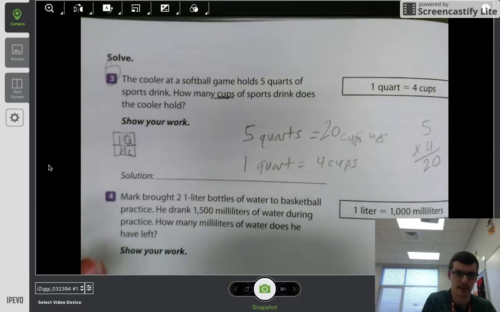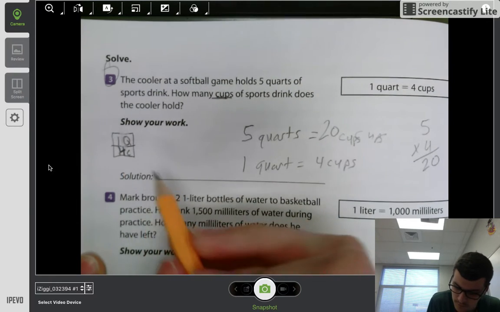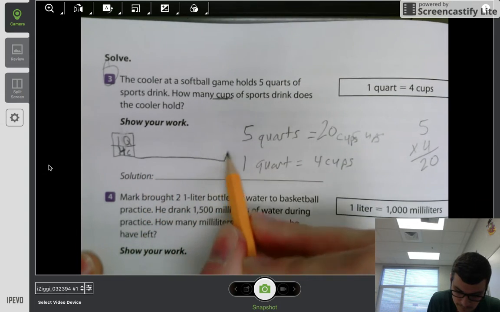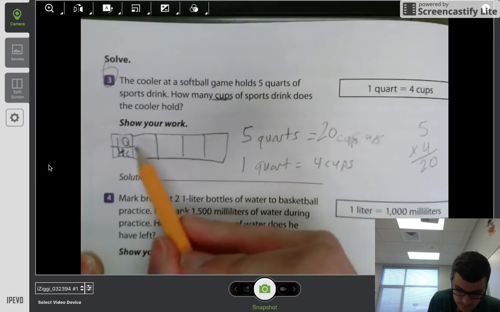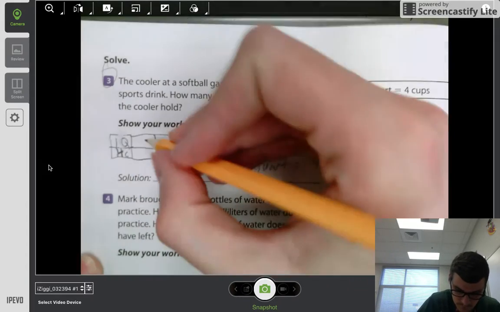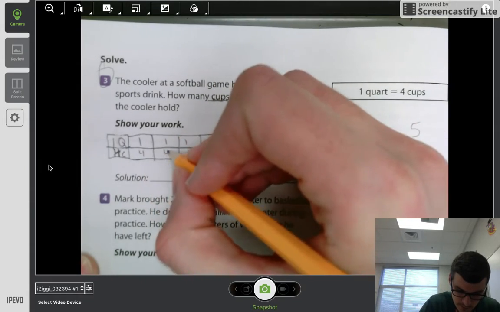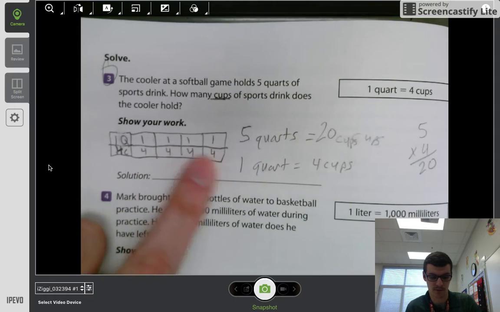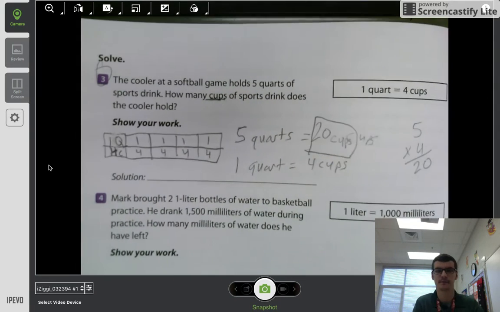And I could have made 5 of those. One in each one, I have 4 in each one. And 4 plus 4 plus 4 plus 4 plus 4 is going to get me the 20 cups. Okay.